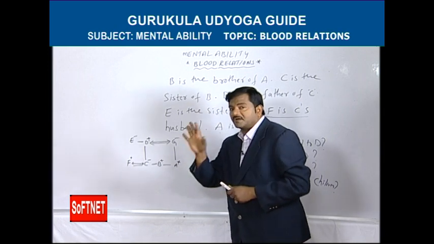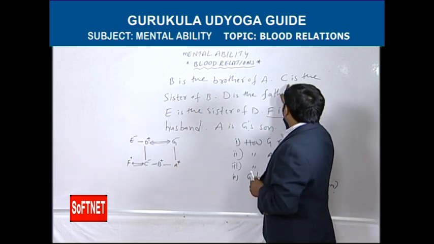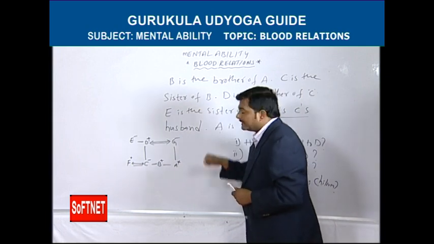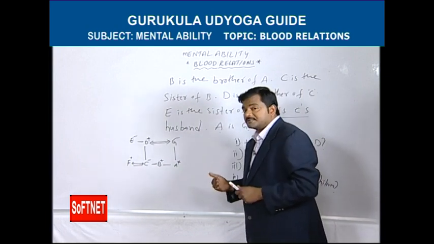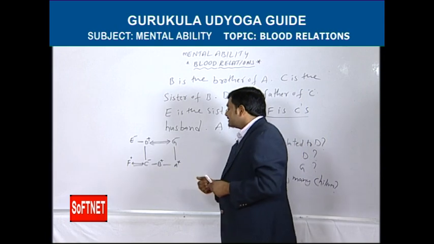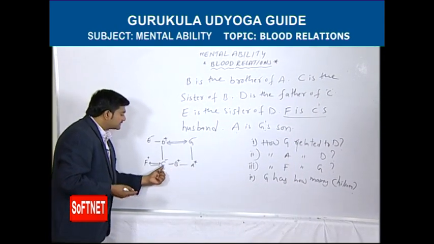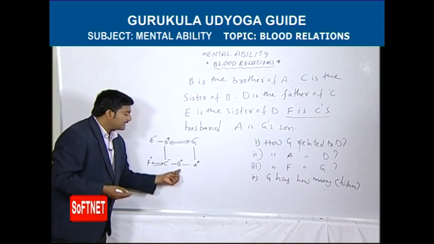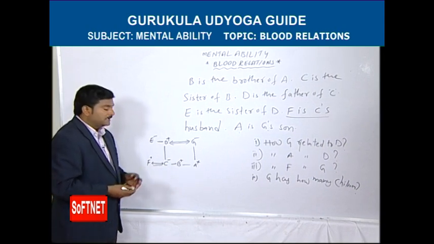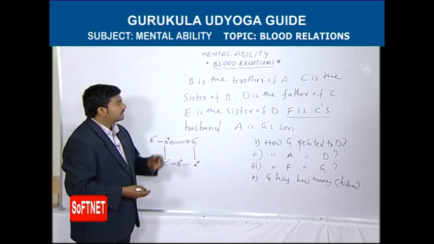I don't know the gender of A, keep aside. And C is the sister of B. C is the female gender and B is the male gender. Again, keep aside. Next we'll go further.